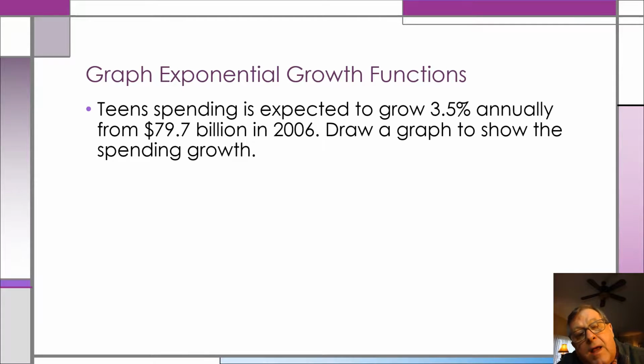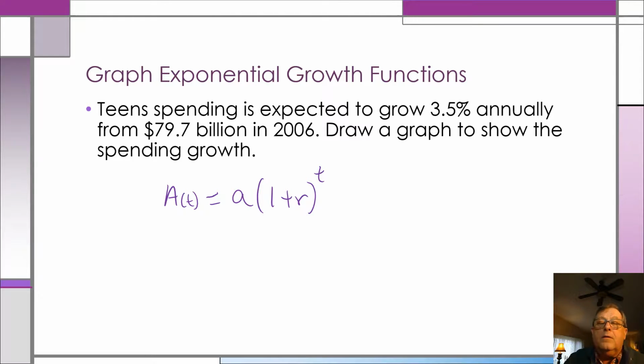So we've got A of t, in other words, the amount we may have over time, and that could be in dollars, it could be in population, it could be in bacteria count, it could be in a lot of different things, whatever A may represent, equals a, the amount we begin with, times 1 plus our rate of growth raised to the power of t, or the number of years involved.